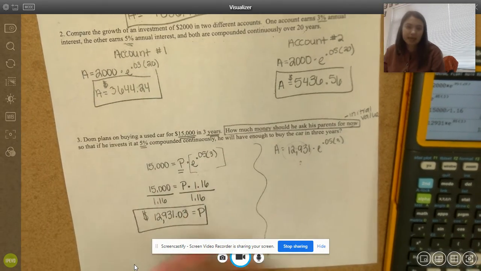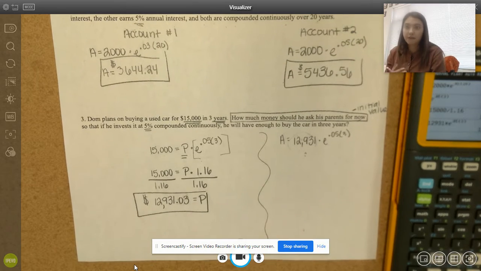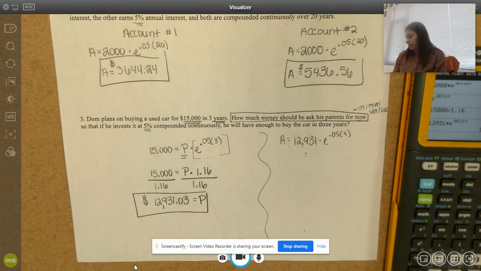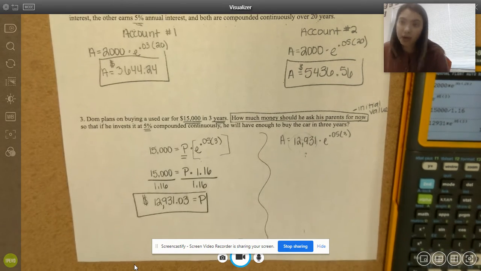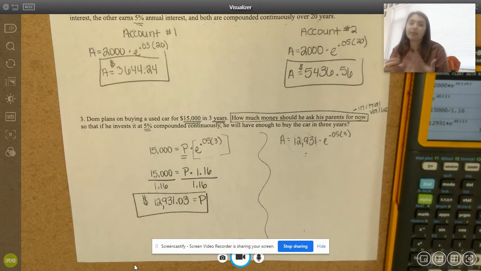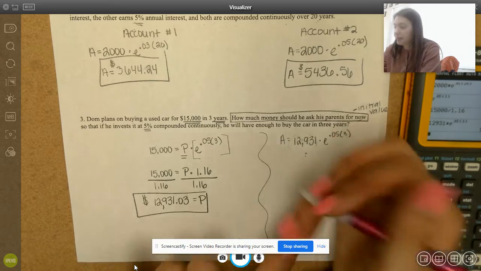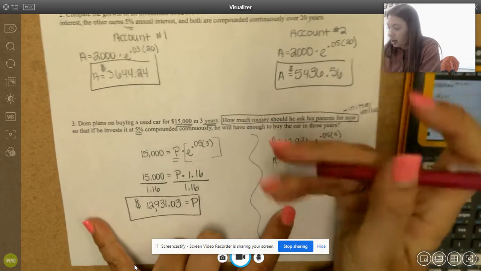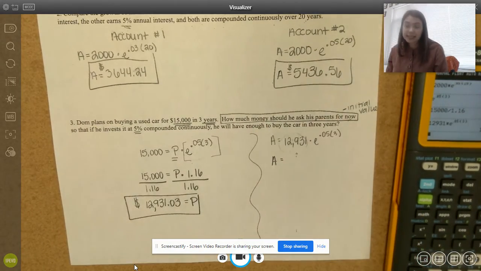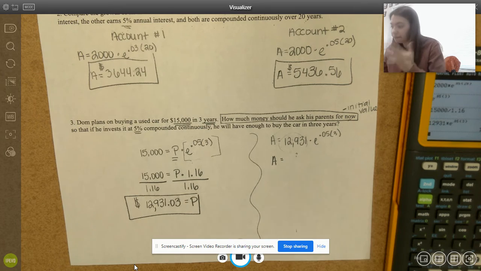Okay. And there you have it. We have done a few examples of Pert, something that's continuously compounded. Even though we're not assessing on this right now, it's definitely going to come back in our logs that we're going to talk about starting Thursday. So it is important to have a good understanding of what e is, and we're definitely going to keep diving into it.